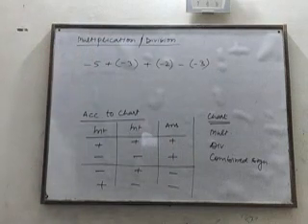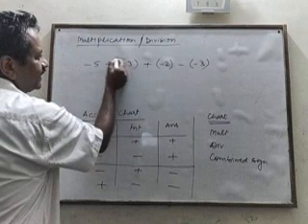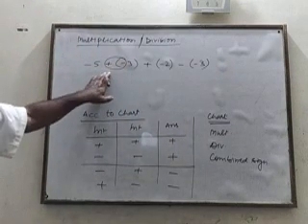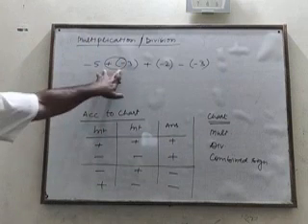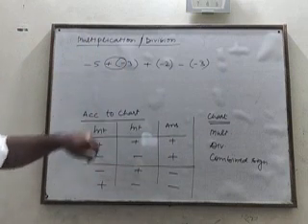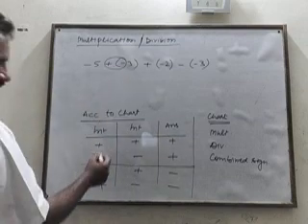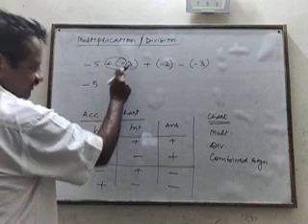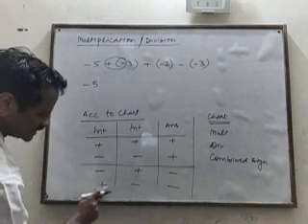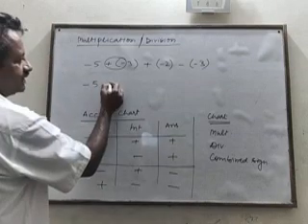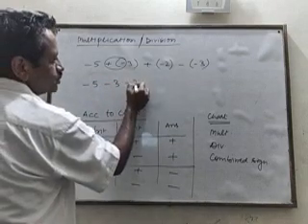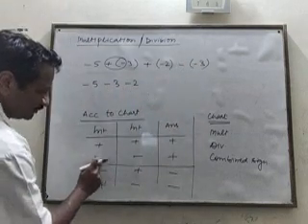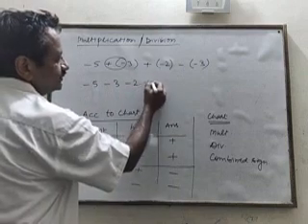For this type of question, two signs are not allowed, so they will be converted into one sign, and that sign will be according to this chart. -5, outside plus, inside minus, so minus will be there, -3. Similarly, -2. And here, negative and negative, it will become plus sign.